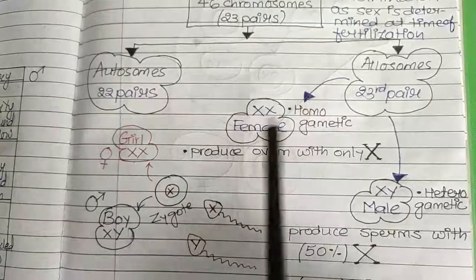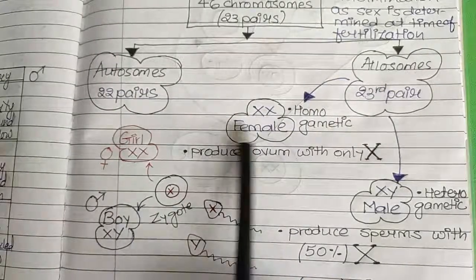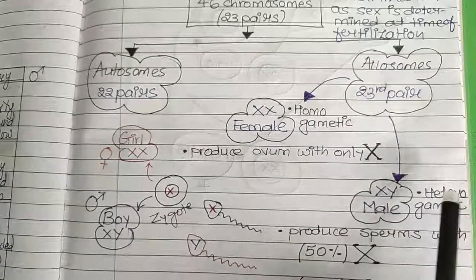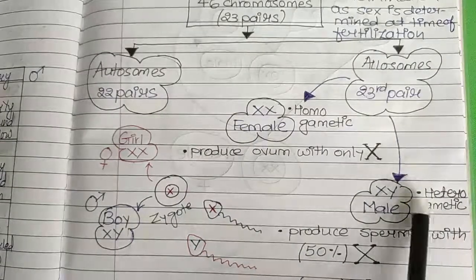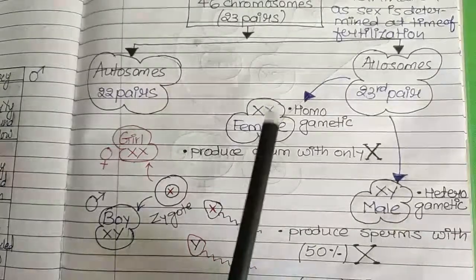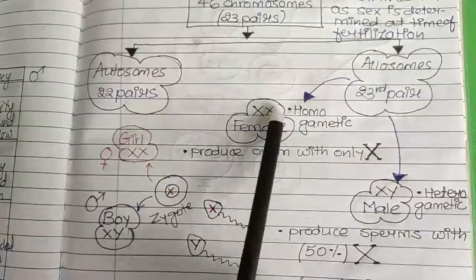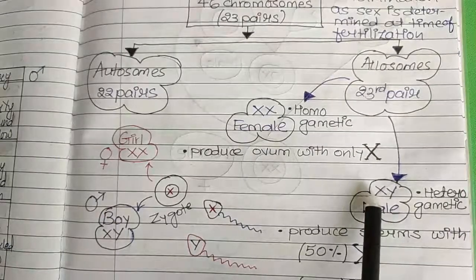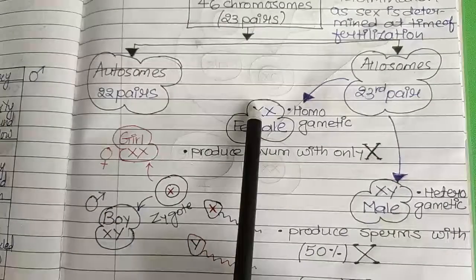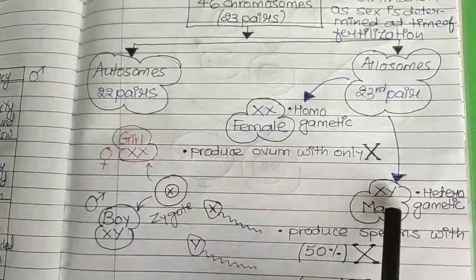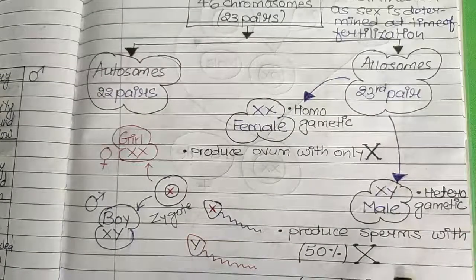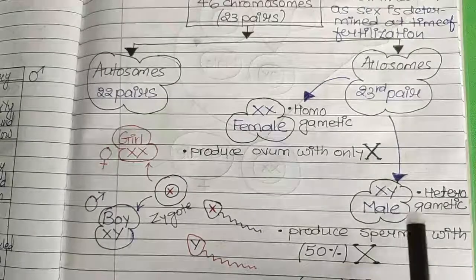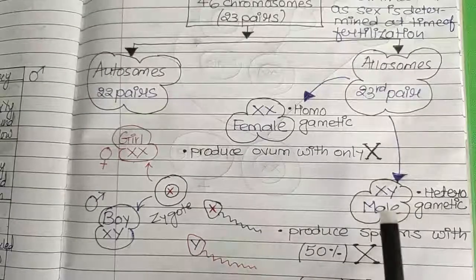Homogametic means both are identical, and in the male it is heterogametic. Heterogametic means both are non-identical. The female contains both X chromosomes, whereas the male contains one X chromosome that is similar to that of the female, and another one that is shorter in size and dominating, which is responsible for maleness.